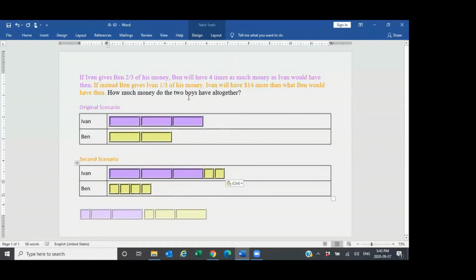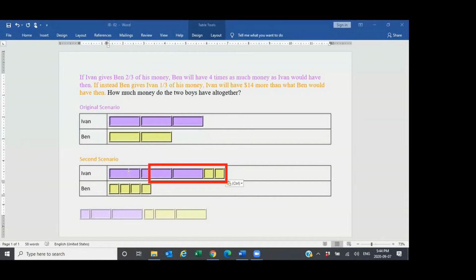Now it says, Ivan will have $14 more than what Ben would have then. All right, but we have to actually know how much extra he has. So I'm just going to draw it out. We can see that here, this is the extra amount Ivan has. Ben doesn't have this. He has a bar and a third.